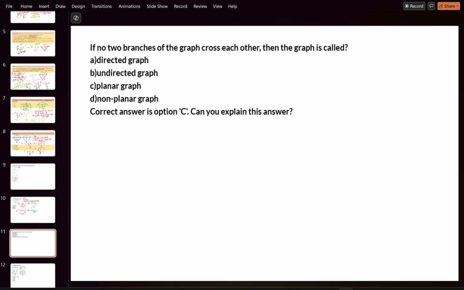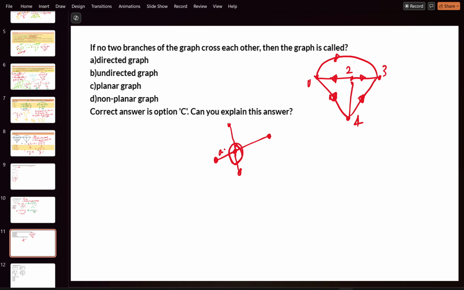Here one connection point, meaning a cutting point, is coming in between the two branches. Suppose this is A and this is B. So this is not planar. It means that it is a 3D structure basically. It is not coming into the XY plane, so that cannot be considered a planar structure. It will be considered non-planar.